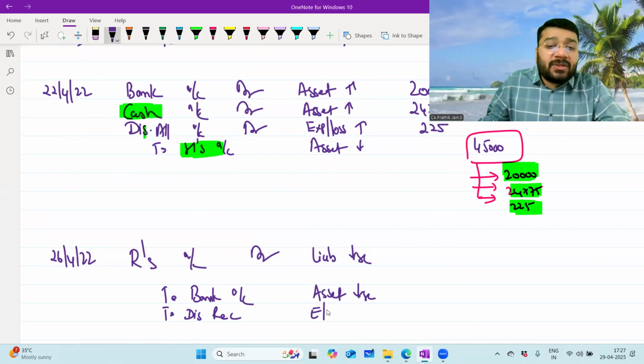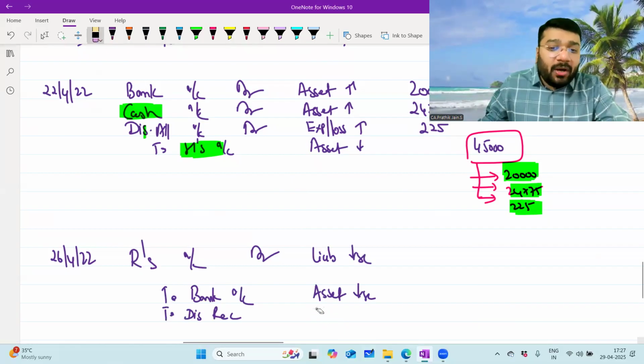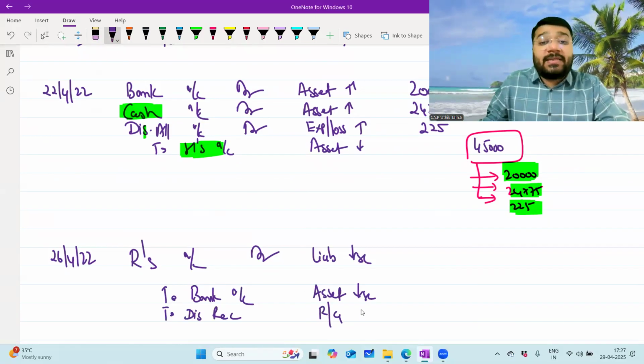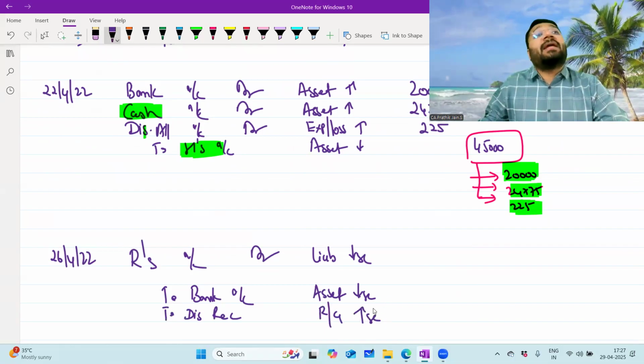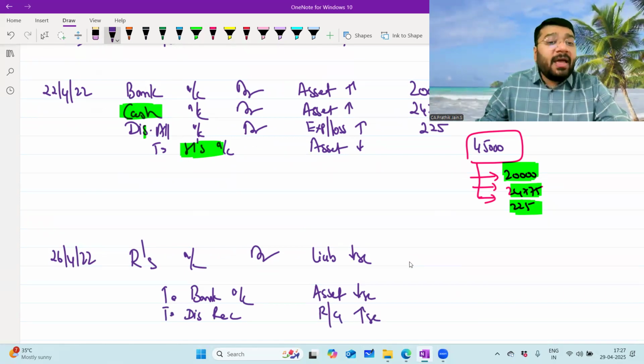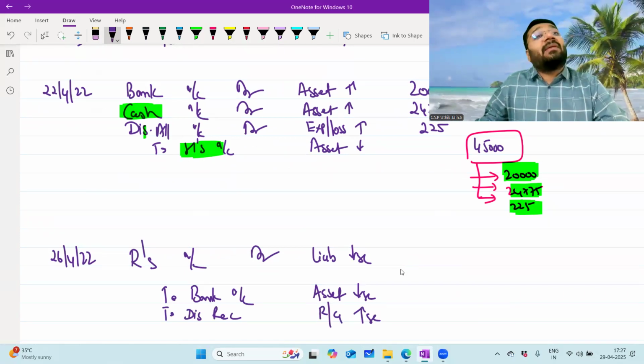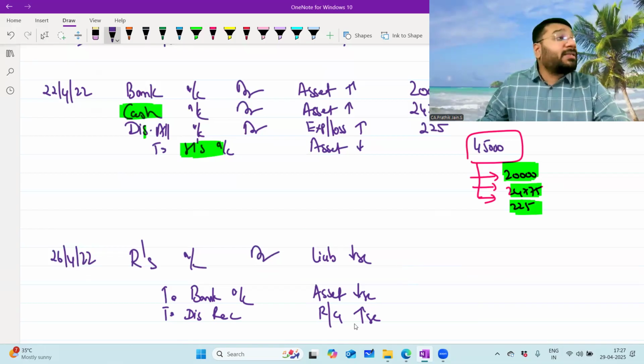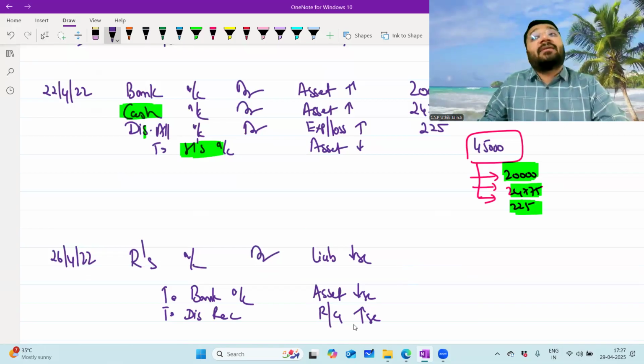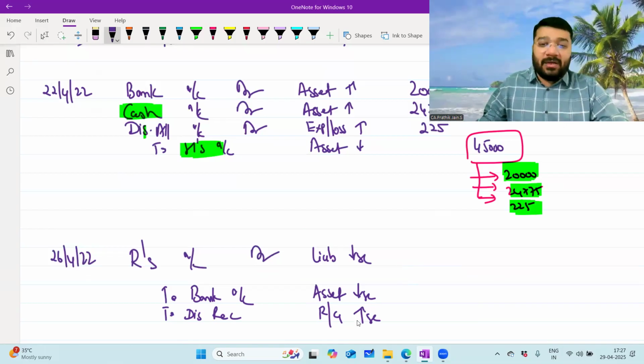Discount received is income, revenue or gain. The more discount that I receive, more revenue will increase. So liability is credit balance. To increase liability, credit. To decrease liability, debit. Asset, debit balance. To increase asset, debit. To decrease asset, credit. Discount, gain, credit balance. To increase gain, credit. To decrease gain, debit.